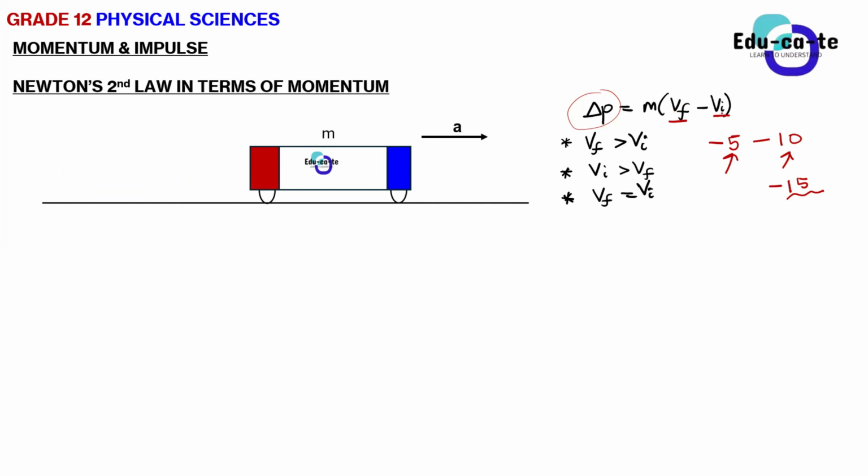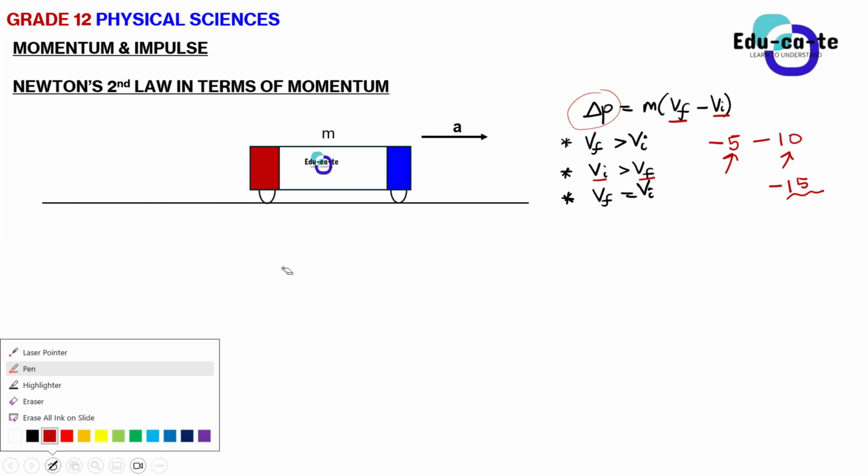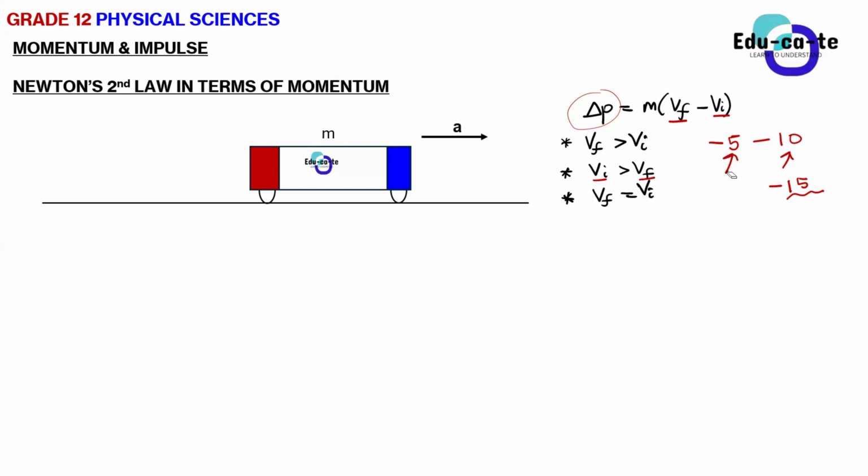It means you're going to get a positive answer when you subtract this. But if it happens that VI is less than VF, what will happen? The opposite of what Robert said. Yes, it's the opposite, because if we say something like 5 minus 10, you're going to get something negative.